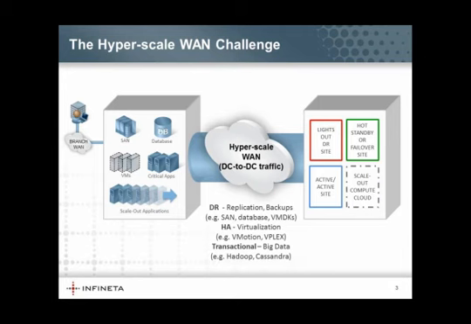Virtualization, though, is also driving traffic on these WANs. We are seeing scenarios where customers push VMDKs across the WAN for DR purposes. Also, we are beginning to see customers use vMotion and other live migration solutions across the WAN, and that too is leading to requirements for more hyperscale WAN bandwidth.